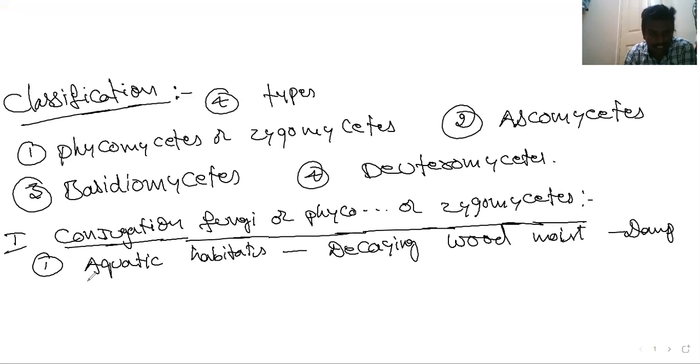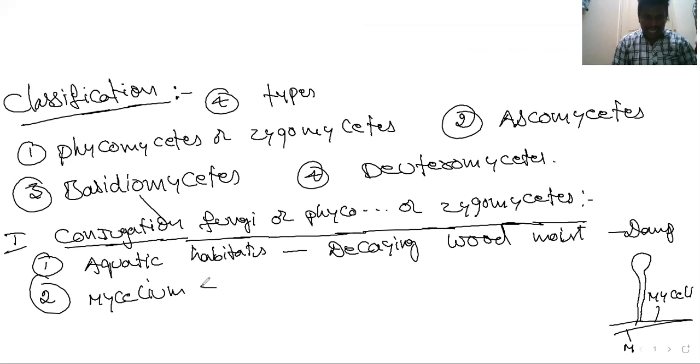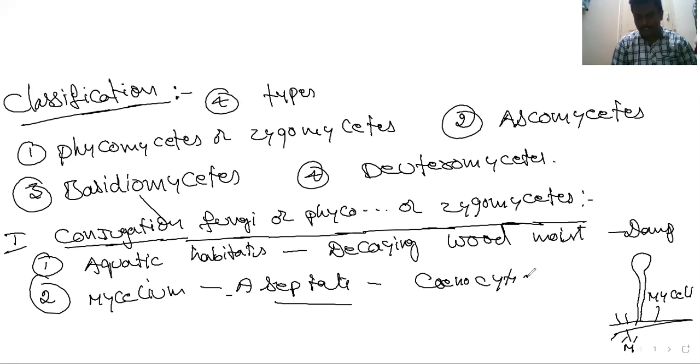The mycelium, a network-like structure, is how this fungus grows. In Phycomycetes the mycelium is aseptate, meaning septa are absent. It is coenocytic, meaning there are no cross walls.